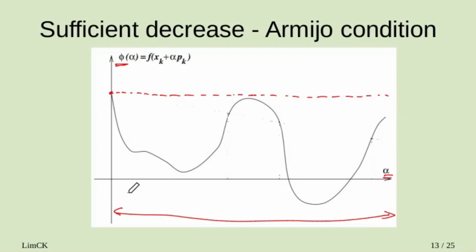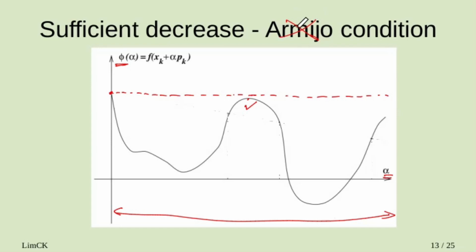That means no matter which alpha I choose, I will get a lower point, which is lower compared to the f we have right here. This is the cost function at the current point. This is a point where the cost function is a bit lower compared to this one. We can choose this one as well if we do not consider the unusual condition.